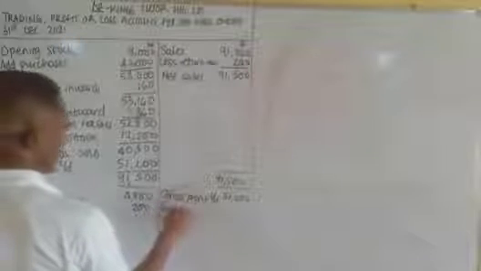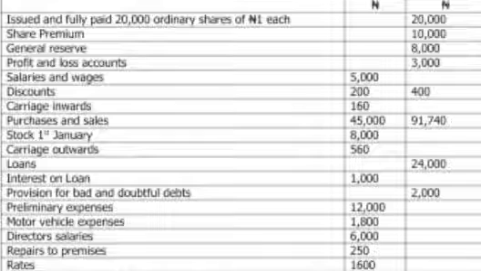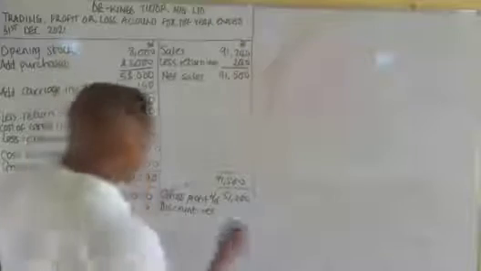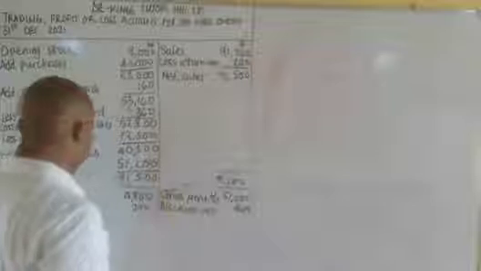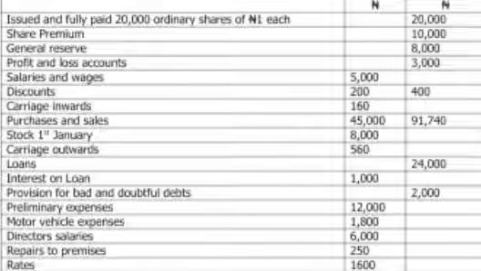Why discount received? Discount received is an income. It is 400. Okay? The next item there is carriage outward. Carriage outward is an expense.